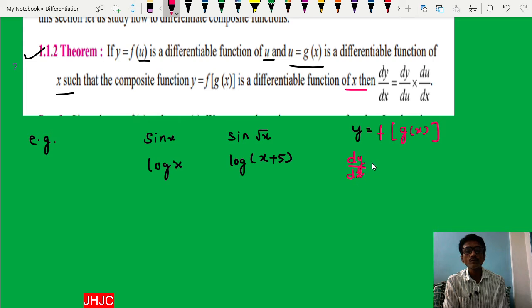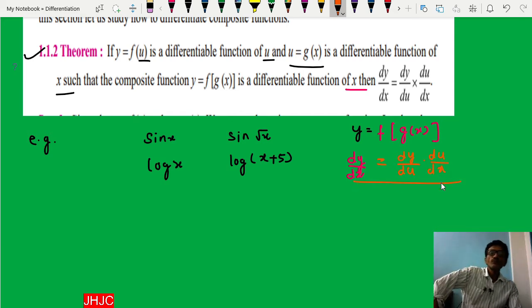Then dy by dx is equal to dy by du into du by dx. This is a theorem. The proof of this theorem is very important from the exam point of view, so we will discuss the proof in the next video. Now we will do exercises on this theorem. dy by dx is equal to dy by du into du by dx.